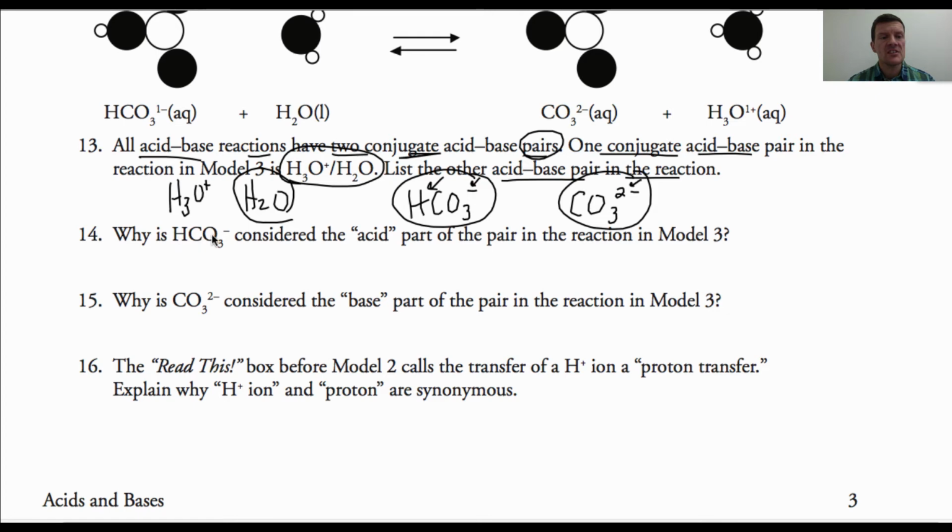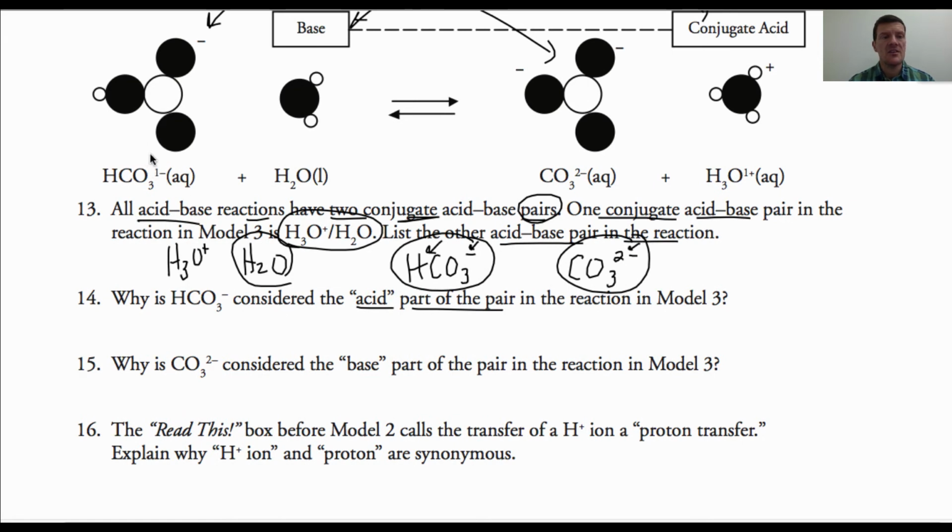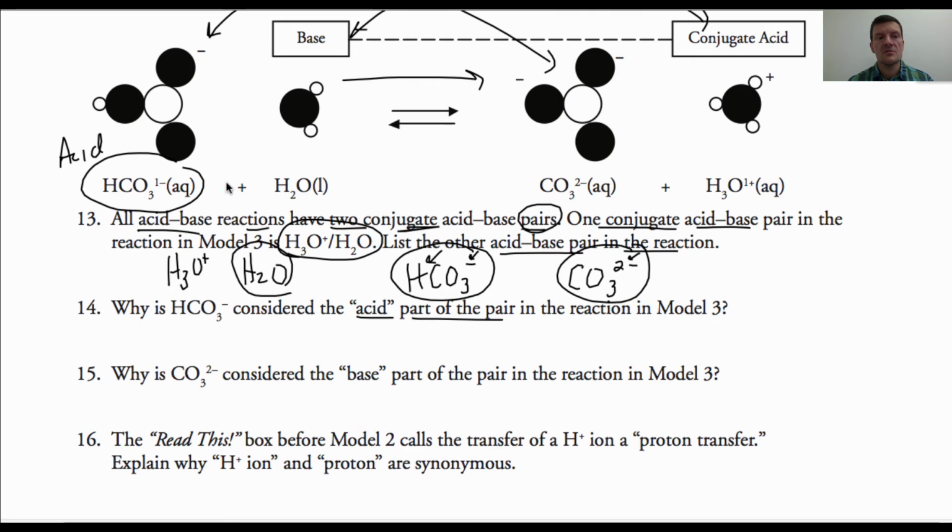Why is HCO3 negative considered the acid part of the pair? Because it is on the reactant side. So this is the acid. The reaction here, these are the reactants on this side. So if these are the reactants on the left side, we're considering the reaction going from left to right. Okay? So we're going to write this as the acid because we're looking at the reaction as it would occur from left to right.